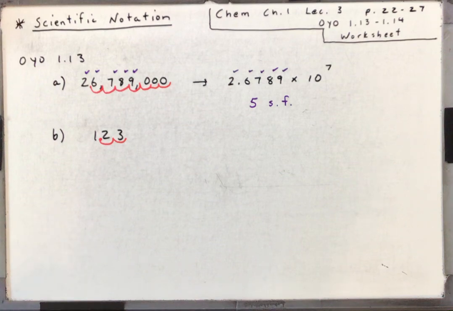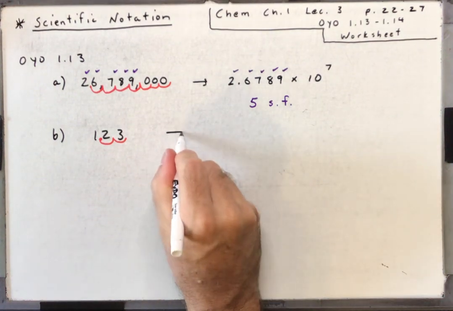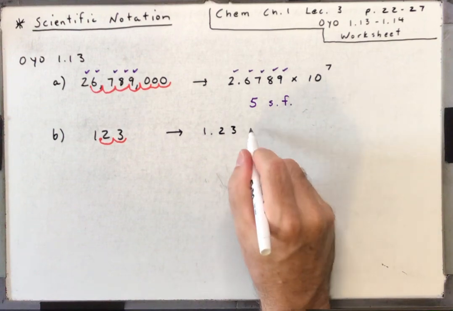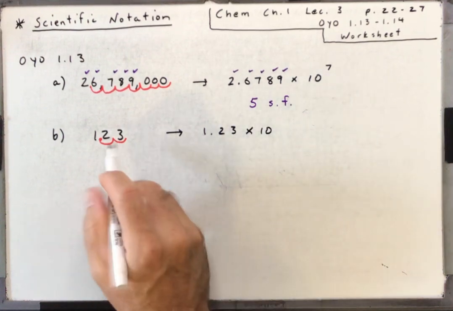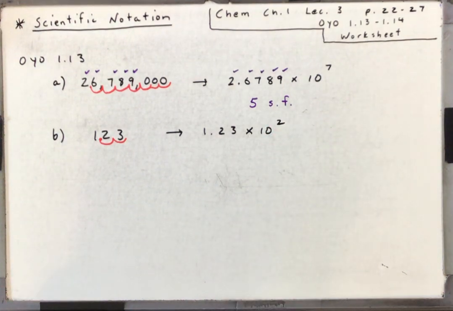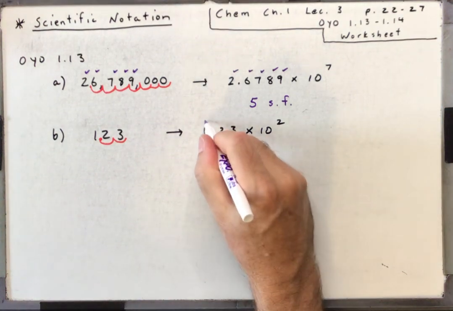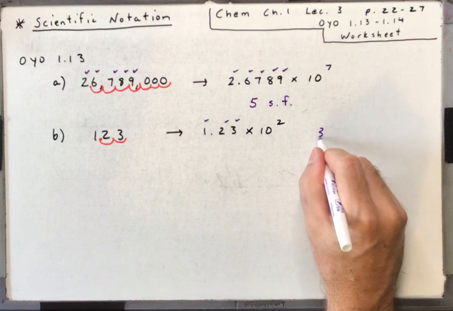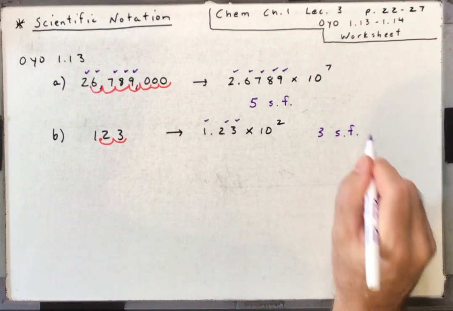So the way you'd write this in scientific notation is 1.23 times 10, and we went over 2 places, times 10 to the second power. How many significant figures are there in this number? It's just 1, 2, 3. All right, so we'd have 3 significant figures.